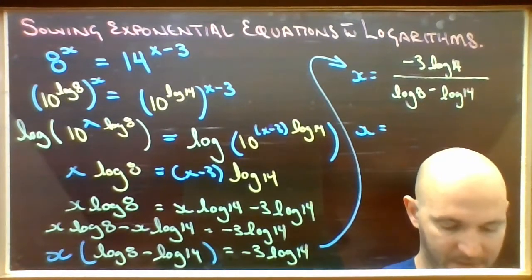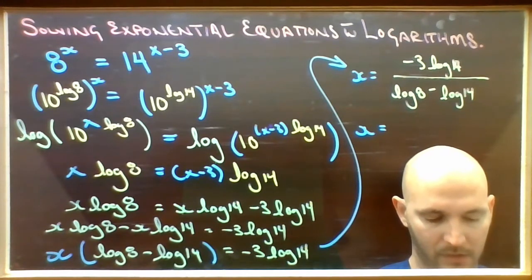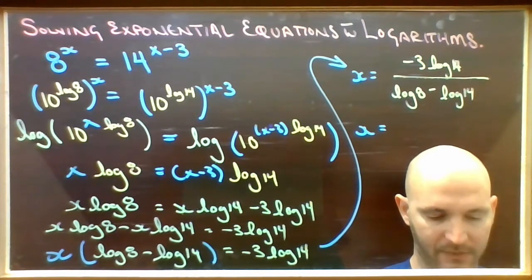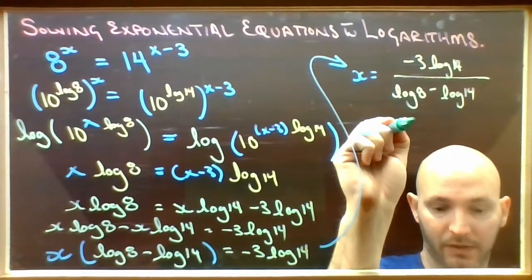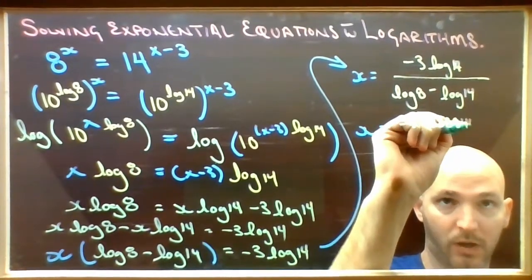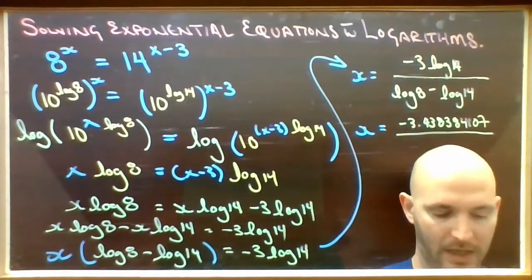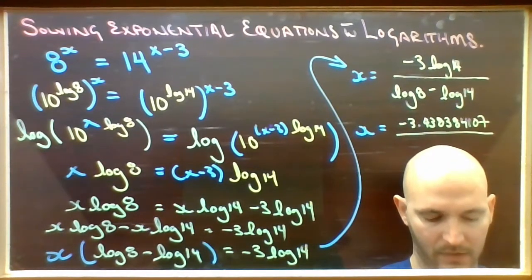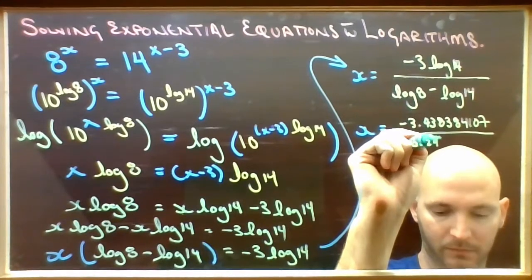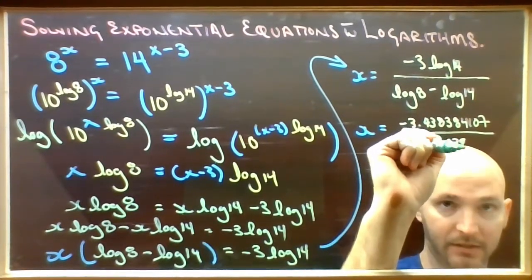And if I were to type that into the calculator, log 14 is 1.146 times negative 3 is negative 3.438384107, and log of 8 minus log of 14 is negative 0.24303804 9.